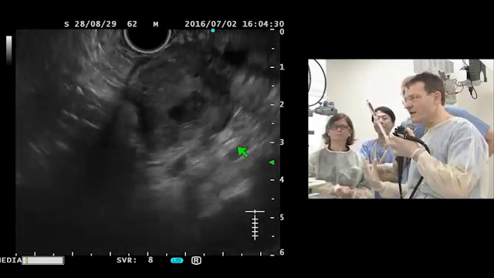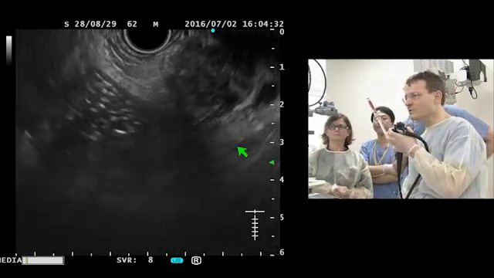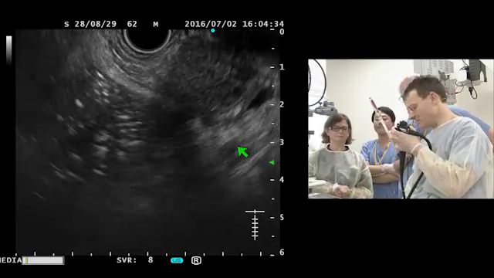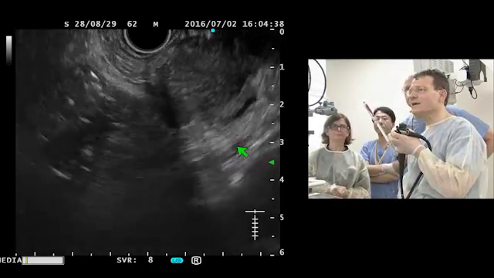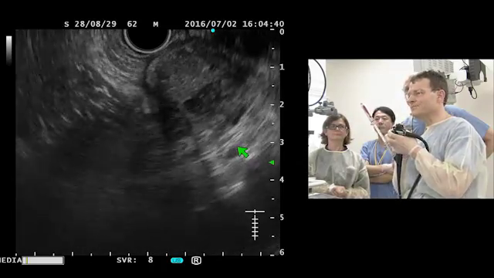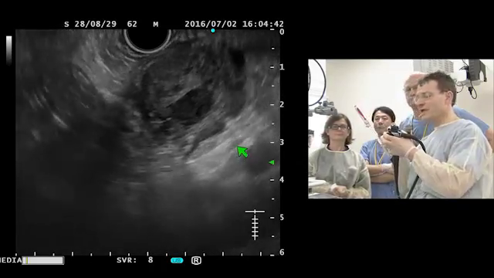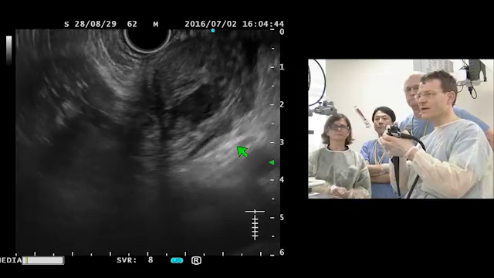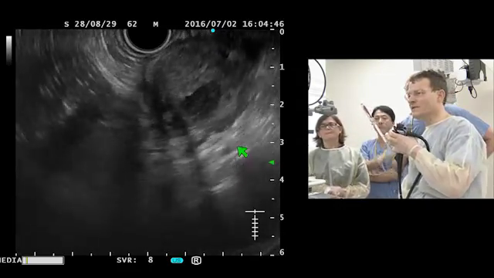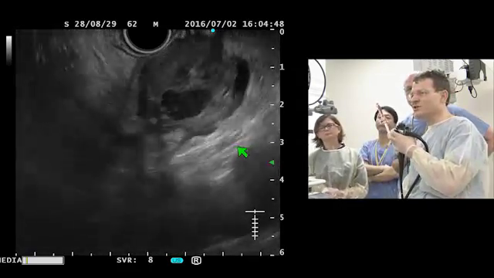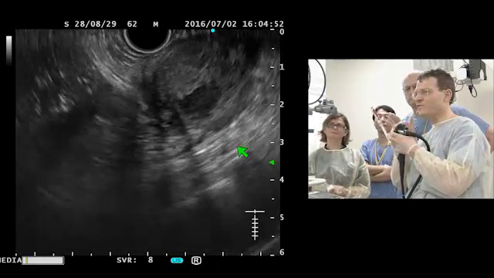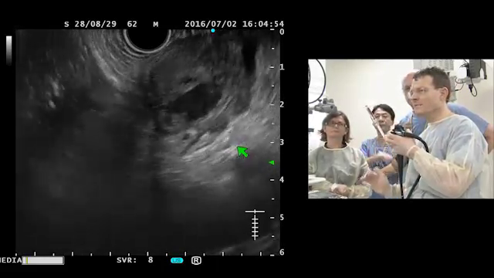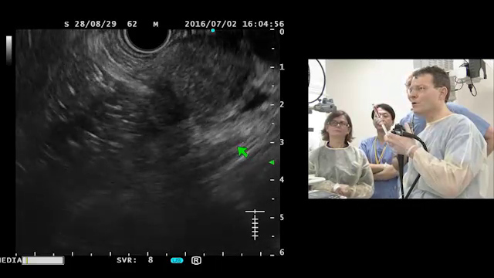I do everything to get a stable scope position. Then I do slight movements here in this area to check if the scope is in a fixed position. And now I also use the big wheel. I do upward deflection. And then the next point is that I fix the wheel, because then I have again a more stable position.